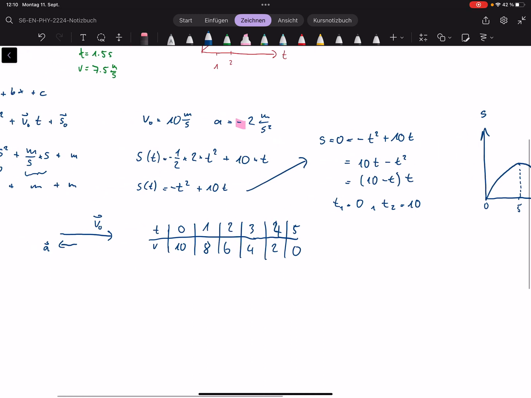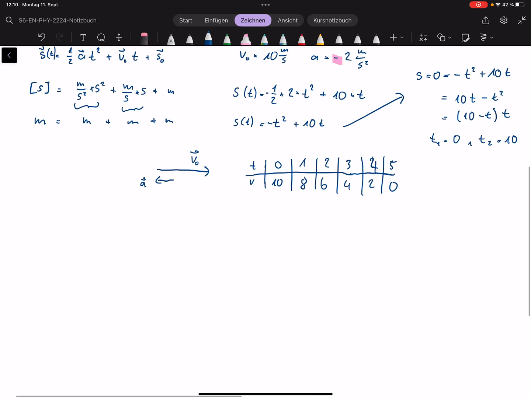Okay, so maybe we have a situation where you are running and there is a rubber string fixed to your body, or the wind is blowing and you reduce your speed with a constant acceleration.